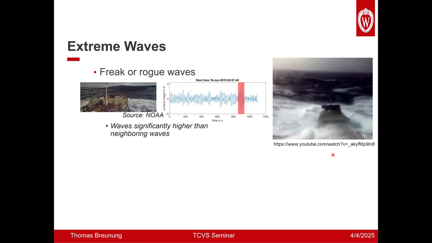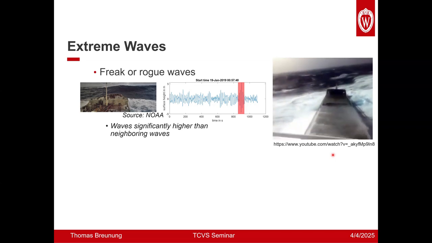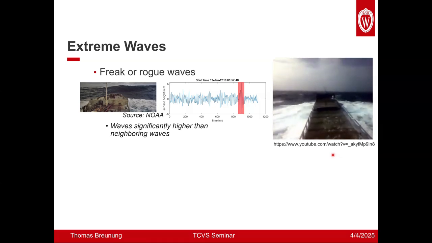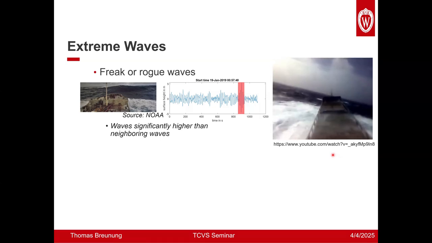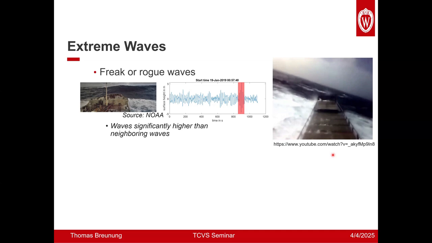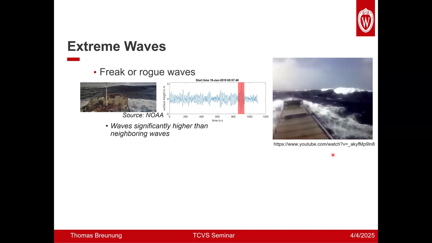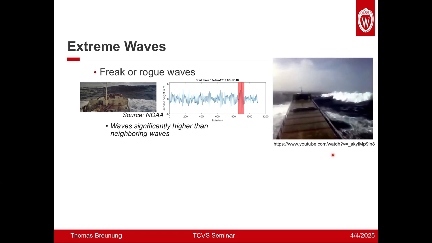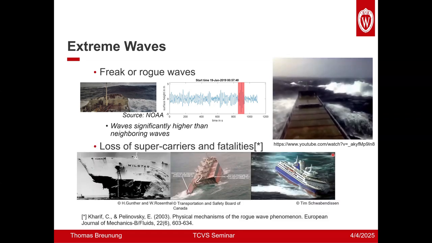And just by seeing that, I hope you can imagine the pressure, the forces acting on the ship's hull. That's clearly not optimal. While this captain seems to be fine, and the ship seemed to be fine, at least no visible damage occurred.